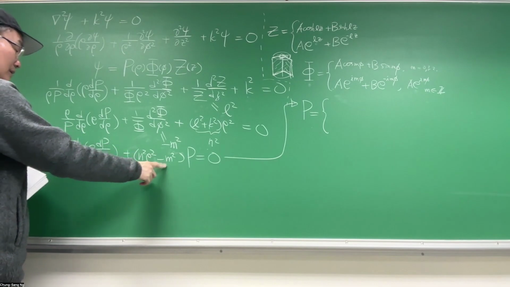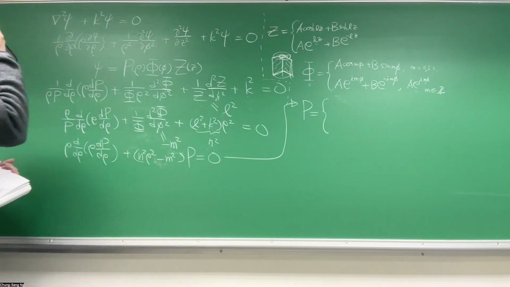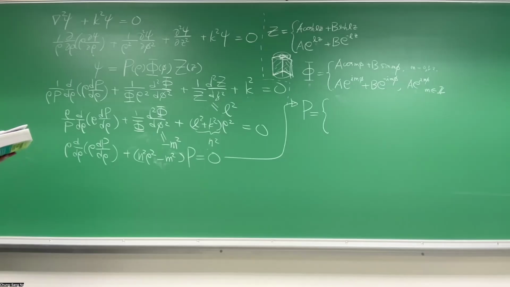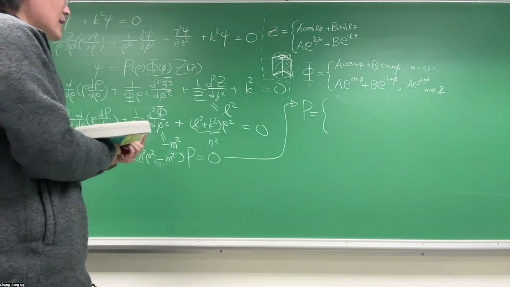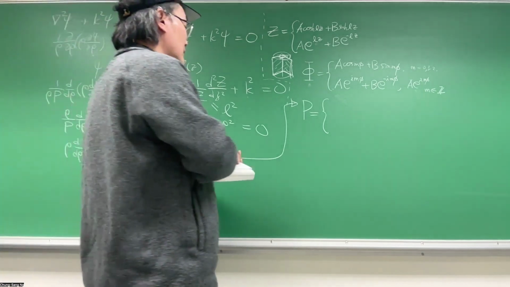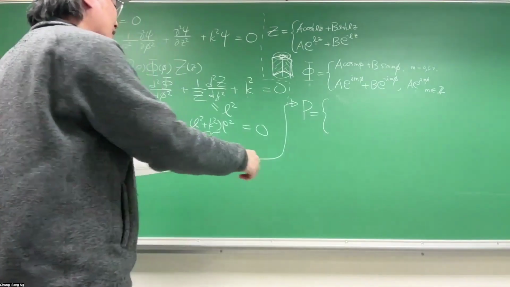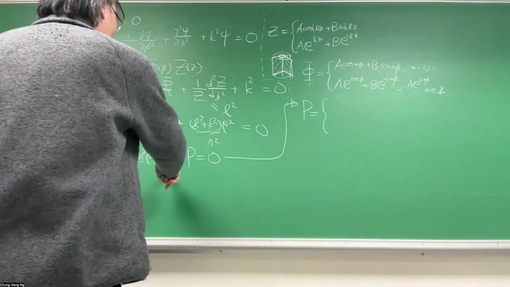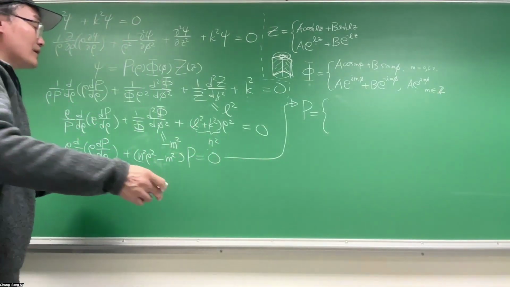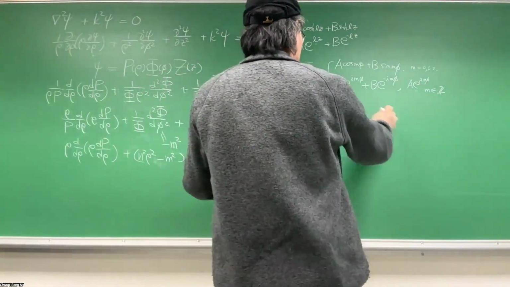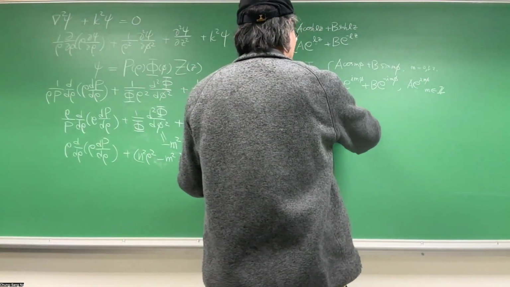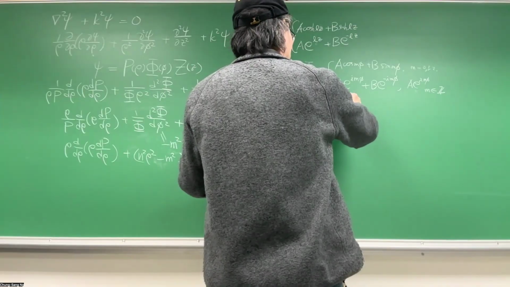So if m is an integer, then you get the Bessel function of the order m, integer order m, right? There are complications whether that is integer. If it's not an integer, if it's just a real number, then that is simply a Bessel function J sub m.